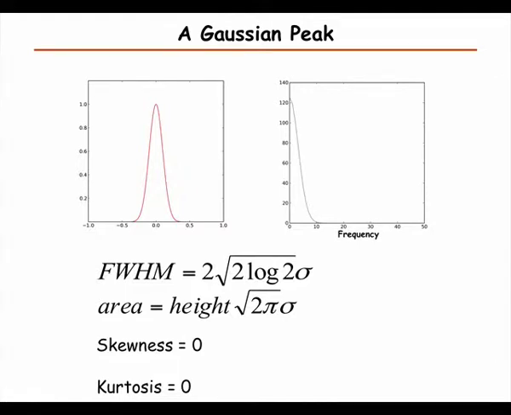As I said before, the skewness is 0 and the kurtosis is 0 for the Gaussian, and we can define the full width at half maximum. It can be easily calculated from the standard deviation, and also the area is related to the height and the standard deviation in a straightforward way.